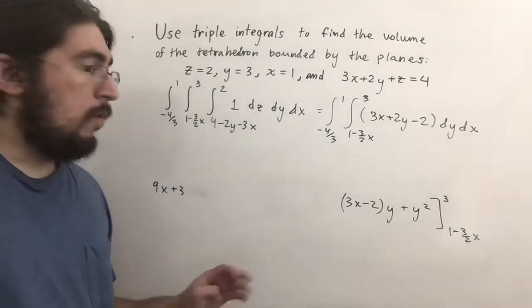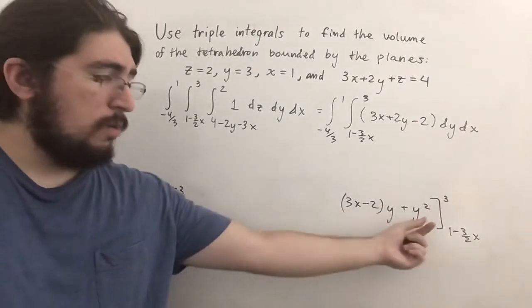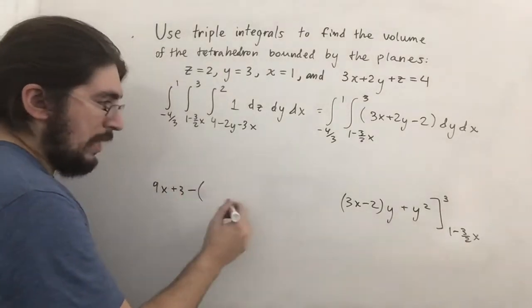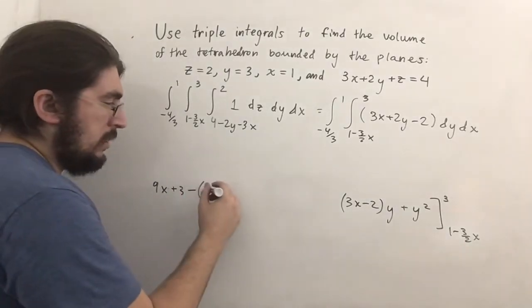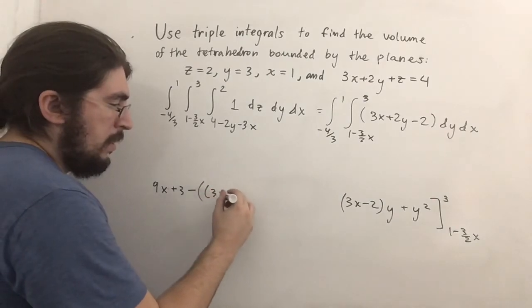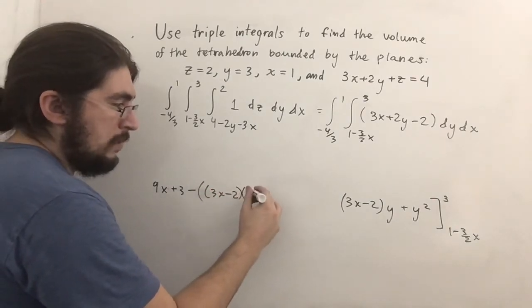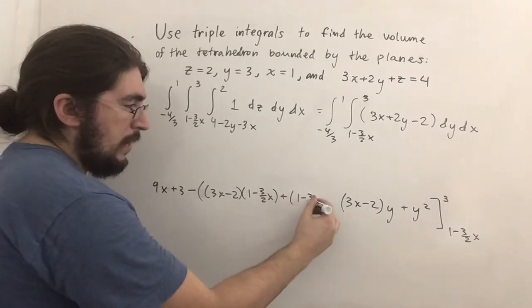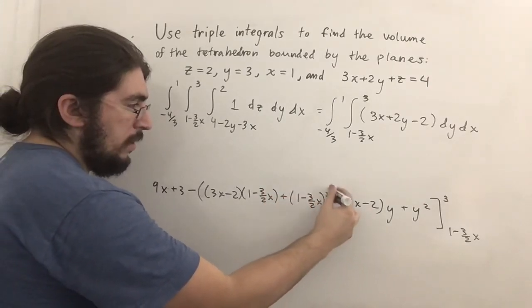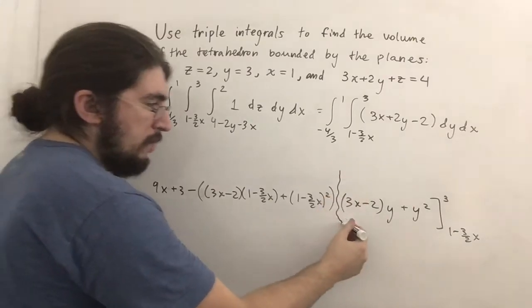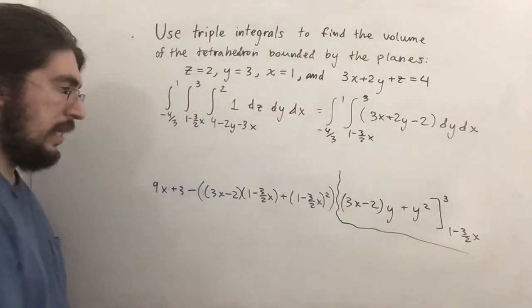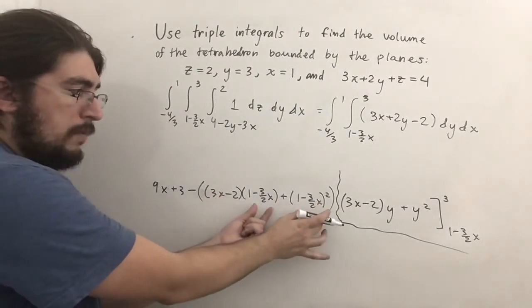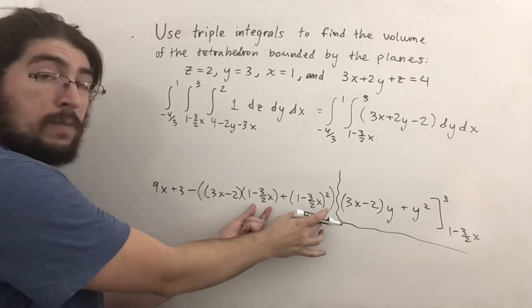But now what? Well, now we have to plug in this 1 minus 3 halves x into y, and then do this minus that quantity. So the first thing to notice is that we're going to have 3x minus 2 times 1 minus 3 halves x plus 1 minus 3 halves x quantity squared. So let me just border that off for a bit. Now look inside here. Something we can do, notice, is we can actually pull out this common factor of 1 minus 3 halves x.